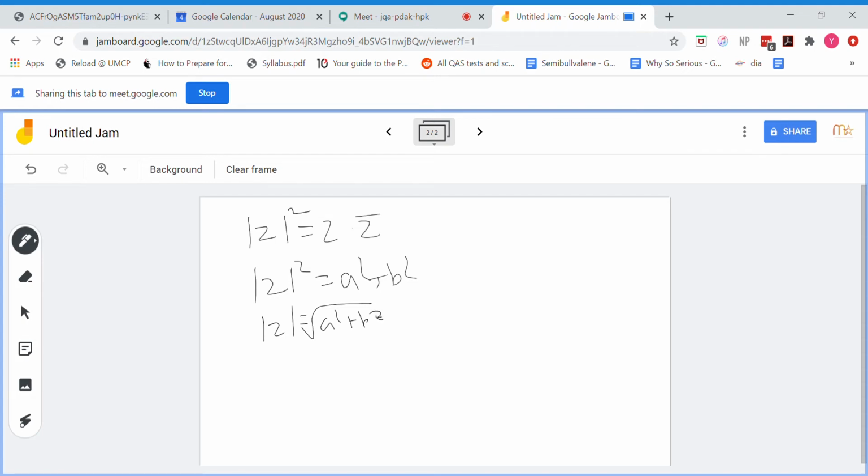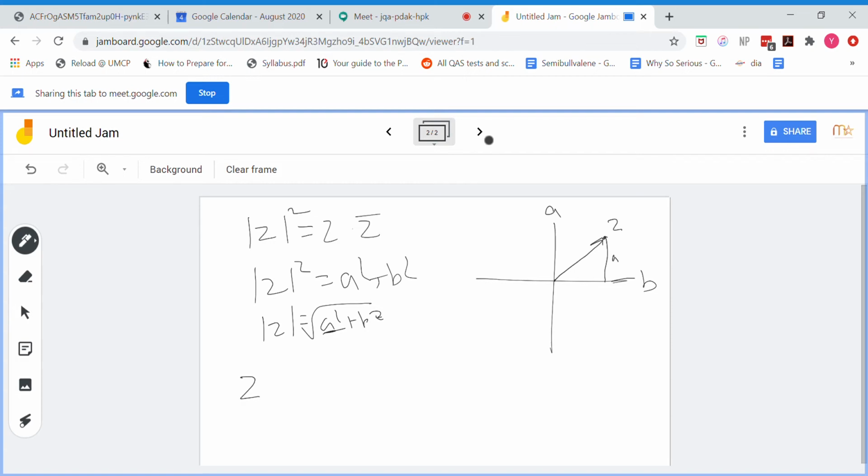Alright? So if we graph the points on a coordinate plane with a corresponding to the y-axis and b corresponding to the x-axis, we end up with a complex plane. So if we have a coordinate z here, then this point corresponds to a plus bi.